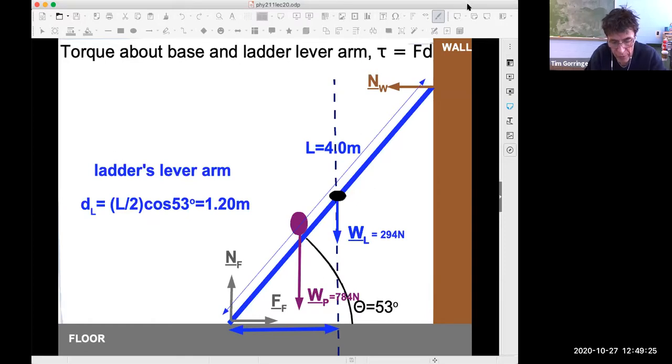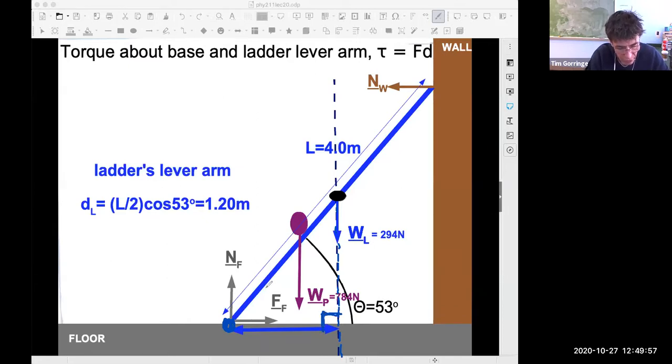In this case, we're thinking about the torque about the axis of rotation of the ladder downstairs here on the floor. So again, we can calculate the torque of the weight of the ladder about that axis of rotation by drawing a line along the action of the force. Here it is. That line together with the ladder make up a right-angled triangle. Here it is.